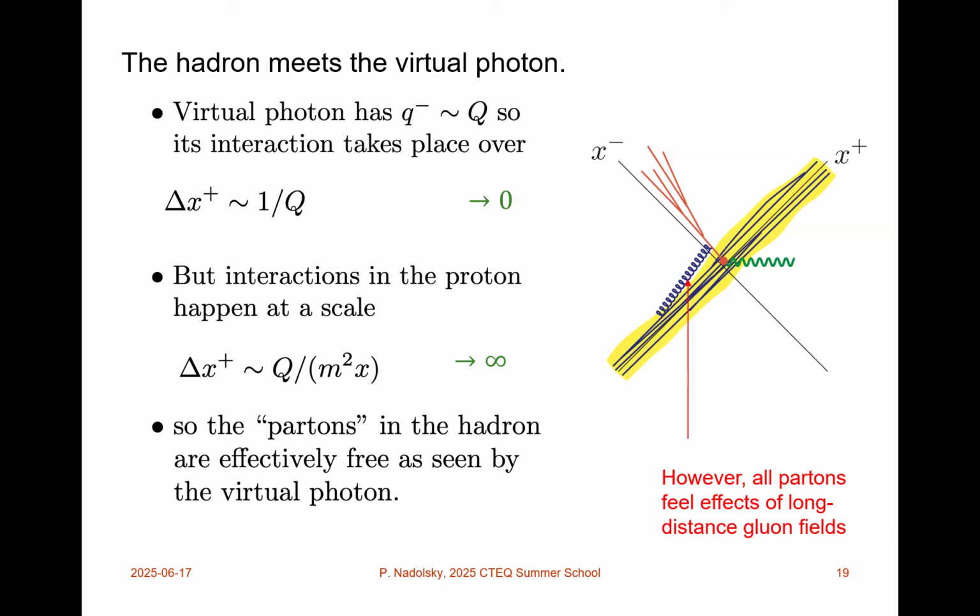Here I'm showing the space-time picture in the light cone coordinates, where the proton moves along the X plus direction, and the photon goes in the minus X3 direction, right? So the photon basically knocks out a parton at the time X equal to 0, and the parton goes in the X minus direction, because it goes backwards in the direction of the photon, right?